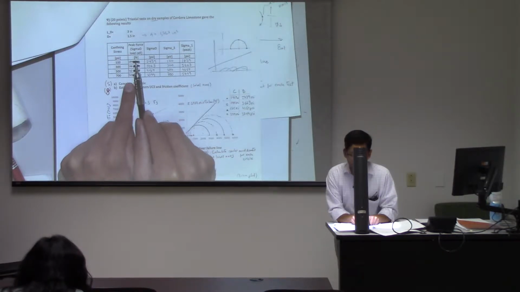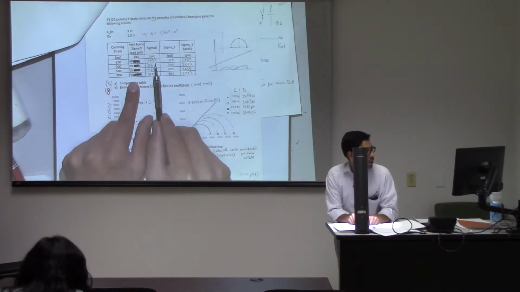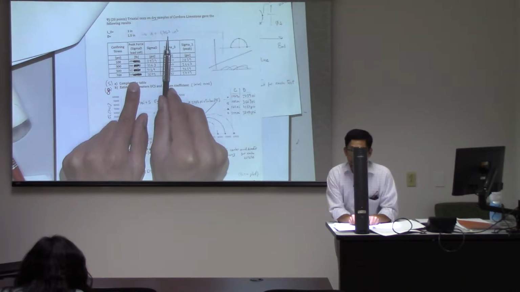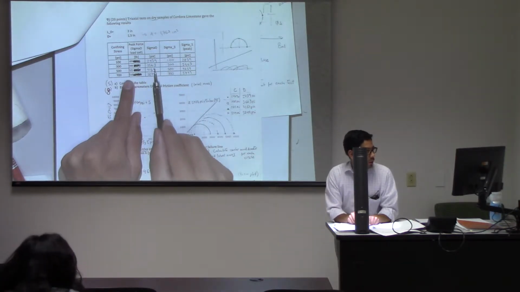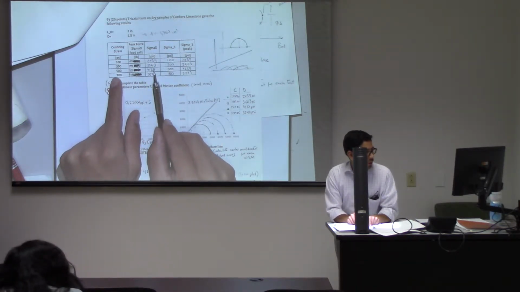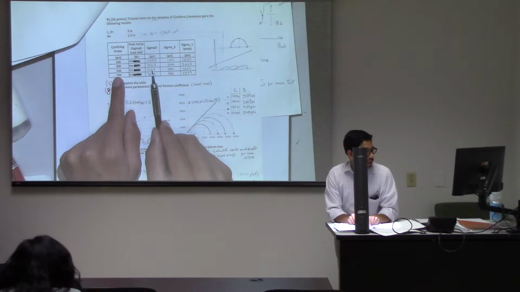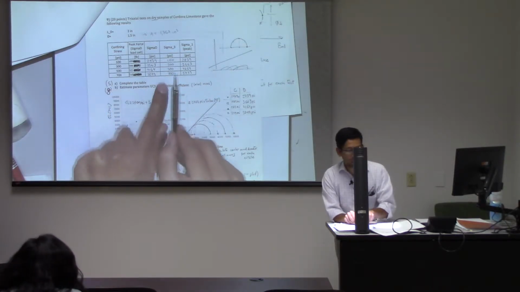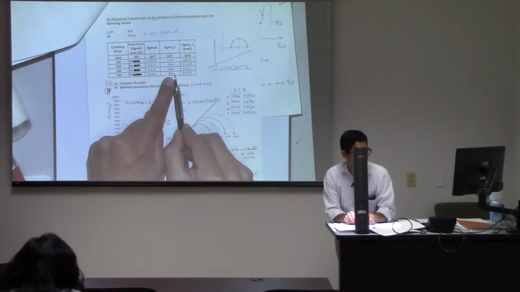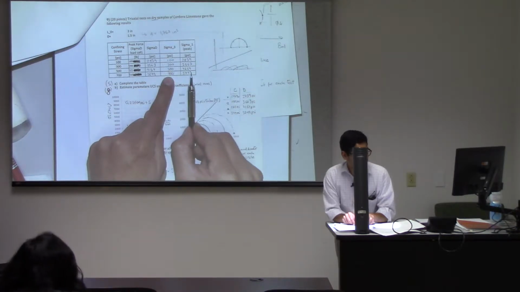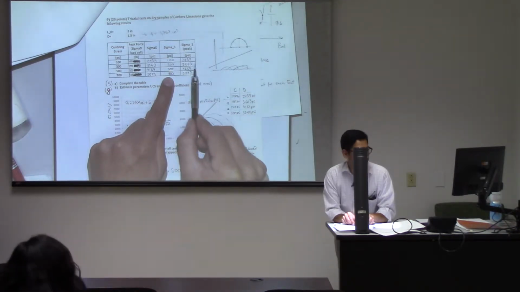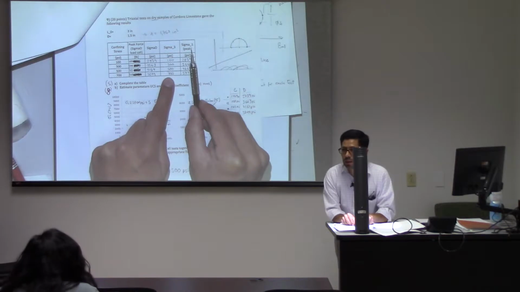To go from force to stress, you need to calculate the area of the sample. This is what you did in the lab too. So confining stress or confining pressure, same thing. Deviatoric stress, after that you can calculate effective radial stress, effective axial stress at failure. Failure or peak, that's the same thing, okay?